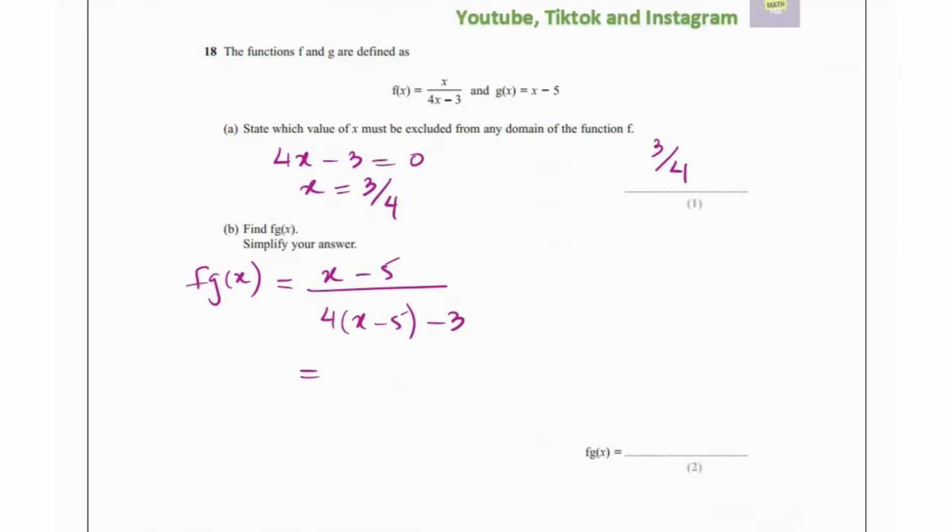Simple as that. g of x becomes the domain of f of x. So everywhere there is x in f of x, you will write the function g of x. So x minus 5 divided by 4x minus 20 minus 3, x minus 5 over 4x minus 23. Since we cannot further simplify, this is your composite function.